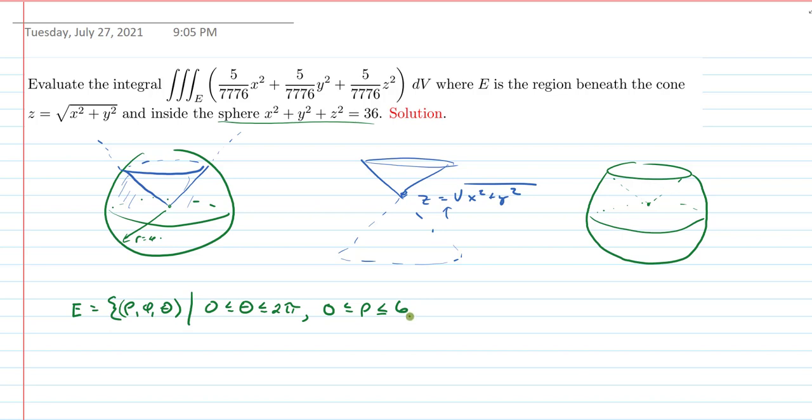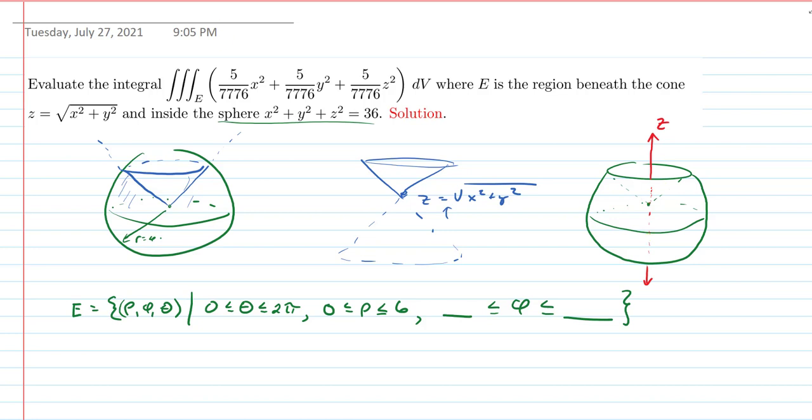Then the last thing is the value of phi. And phi is going to be bounded between two values here. So if we go ahead and put in our z-axis into this image, there's the z-axis. And remember that phi is a measurement of the angle off of that z-axis.